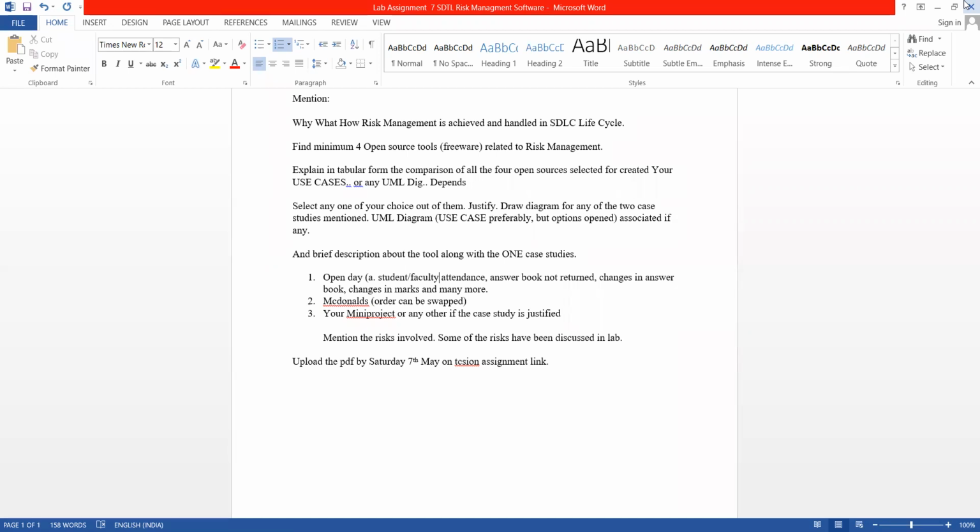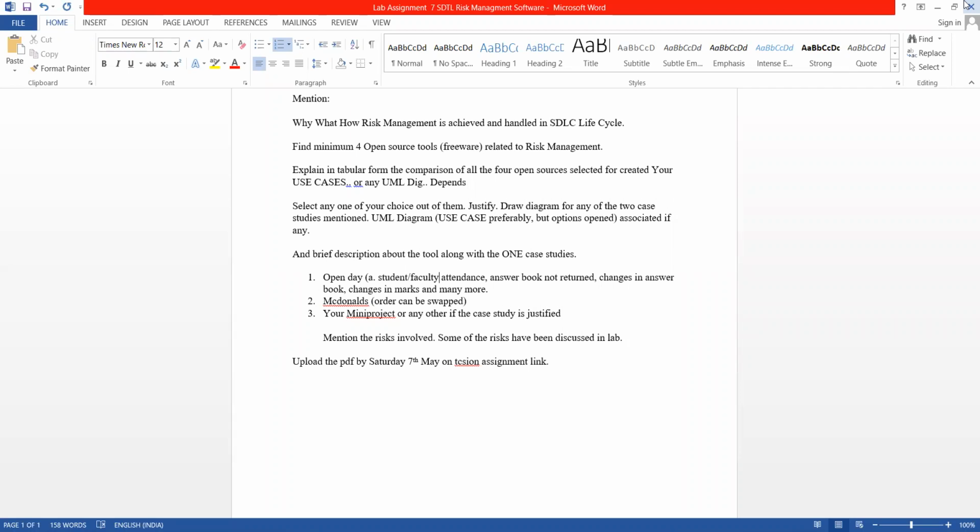I would recommend going point-wise. If you justify why, how, and what, then probably it is a very good way to justify your theory briefly in points, and very handy for the evaluator also to pick your points. So this was about the open day.